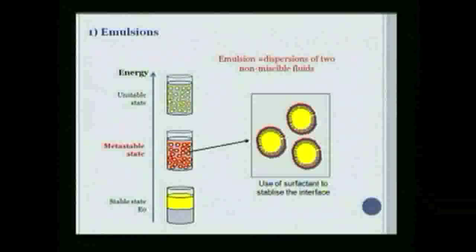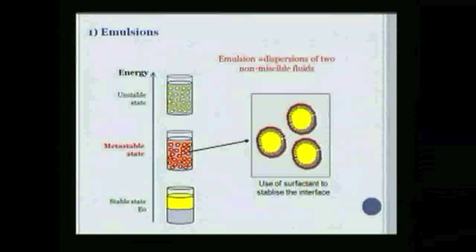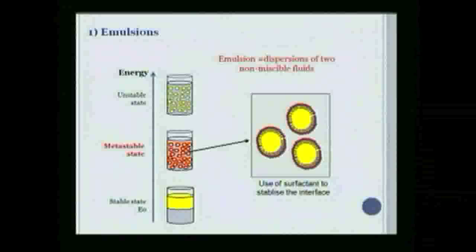But if you forget your mayonnaise bottle inside your fridge too long, you will observe at the end a phase separation. You will have oil on one side, and water on the other side. You don't want to eat it when you see that, okay? So the formulation and the choice of the surfactant is very important.